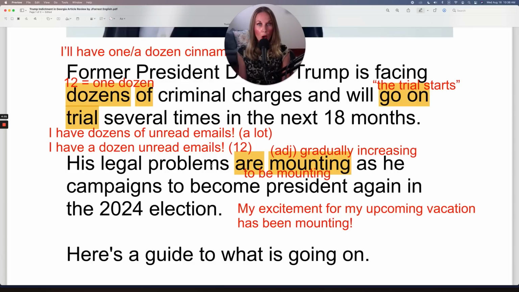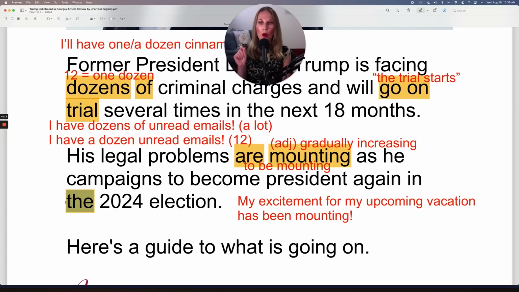His legal problems are mounting, gradually increasing, as he campaigns to become president again in the 2024 election. Now notice how they have the article the, because 2024 is an adjective. It describes which election. Without the adjective, because adjectives are never required, it would be again in election.